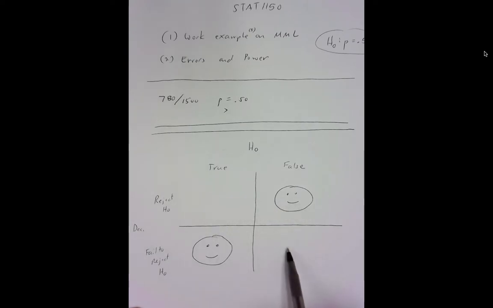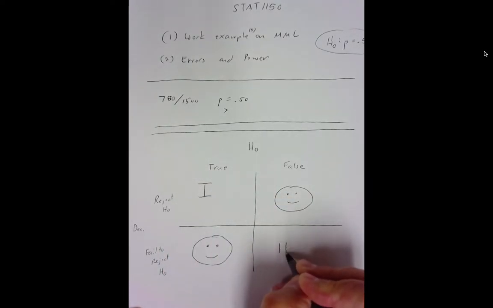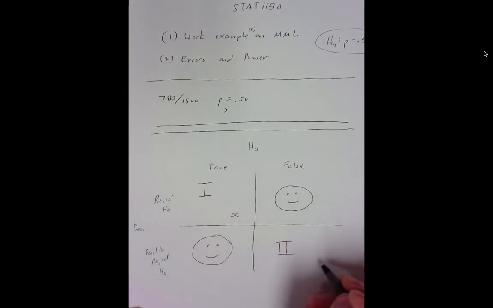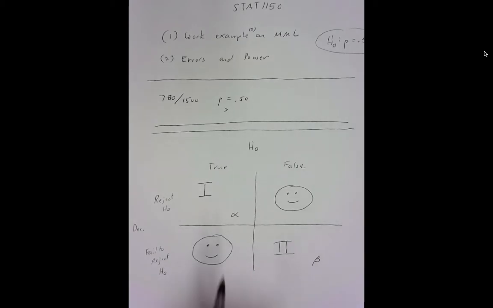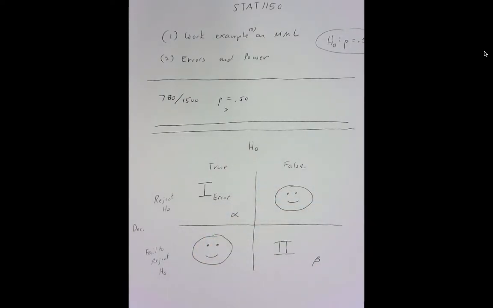But what happens right here and right here? Well, guys, I'm going to put a 1 and a 2 here, and I'm going to put an alpha and a beta there. Why? Because we run into errors. This would be an error. Rejecting a true null turns into an error. That results in an error because that's not the outcome we want.